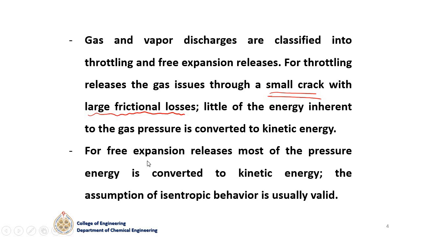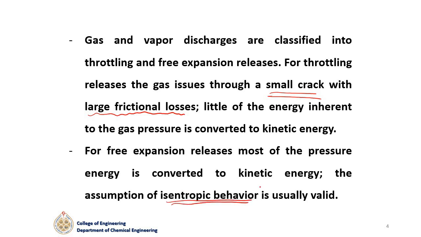But if you're talking about free expansion where there's a considerably big hole, most of the pressure energy goes out as kinetic energy, and in this case you're going to consider it as an expansion release going from a small volume to a much bigger volume, and we consider this as an isentropic behavior.